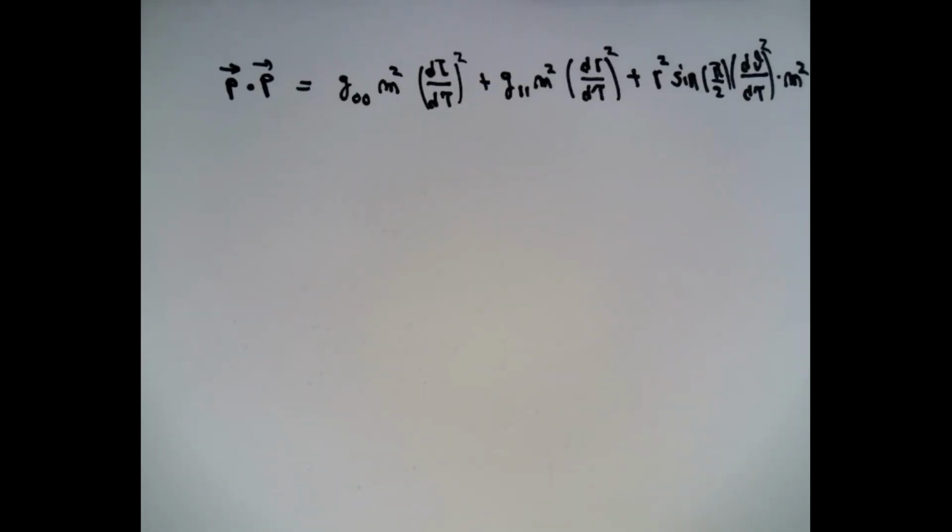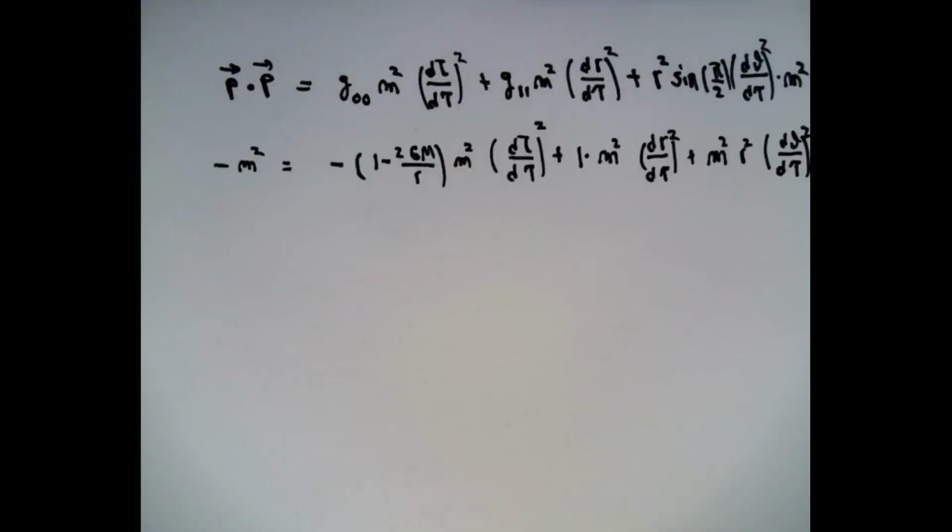On the other hand, at any point that I wanted to look at this, I could establish a local Minkowski coordinate system at the location of interest, use those coordinates to do the dot product, and I would have to come up with the negative of the mass squared. Since m squared shows up as a factor in each term on the right and also as a factor on the left, I can divide the little m squared out and it disappears completely from the problem, as it should.